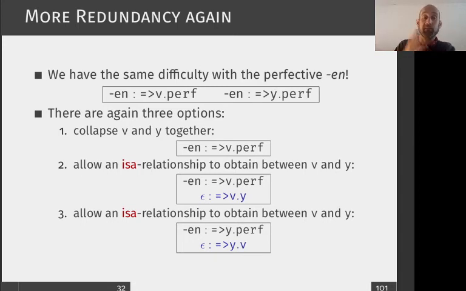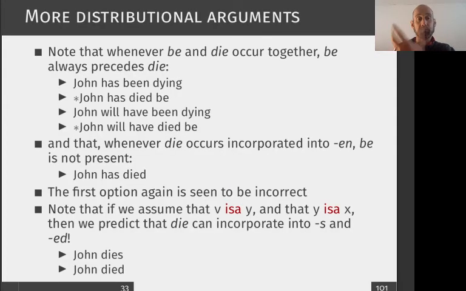We can either say that v and whatever this other category y is are the same. We can say that v is a y or the y is a v. Okay. Again, because been or be and die have different distributions, we don't want to say that their categories are the same. Right?